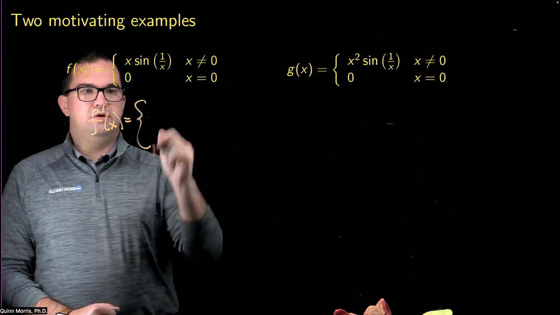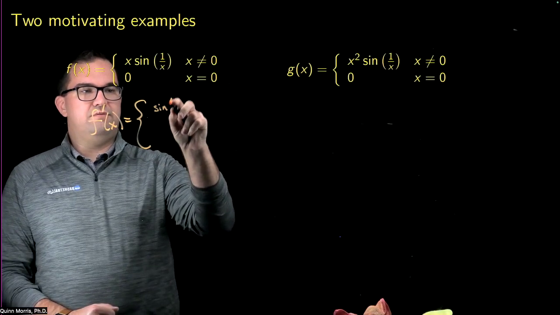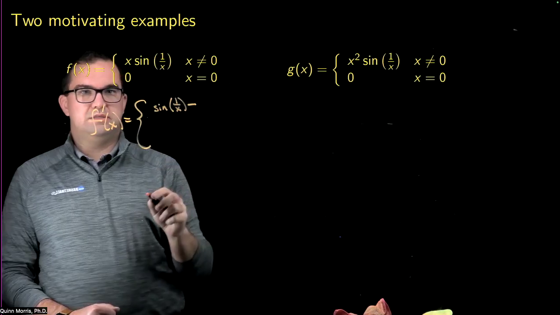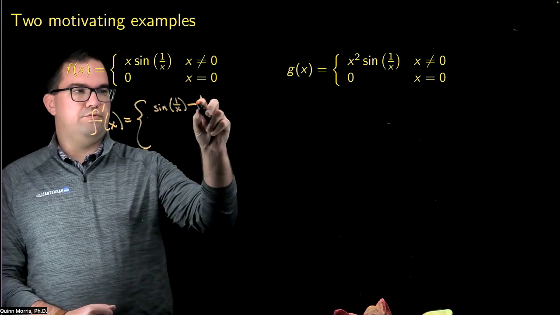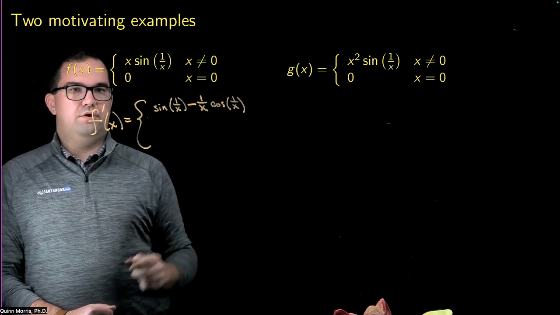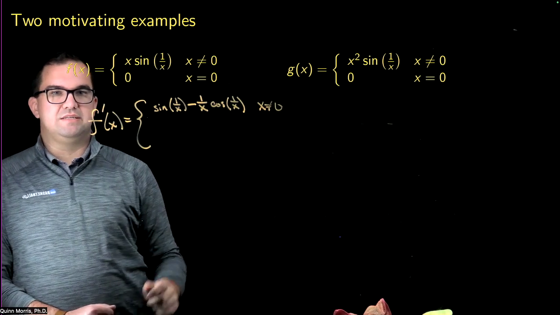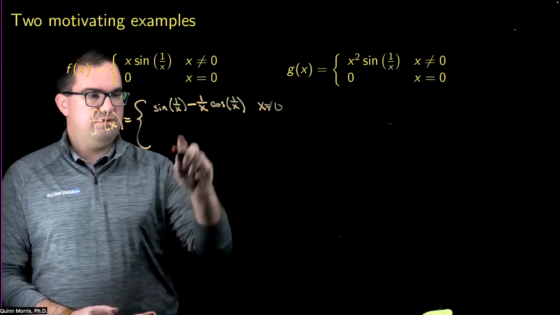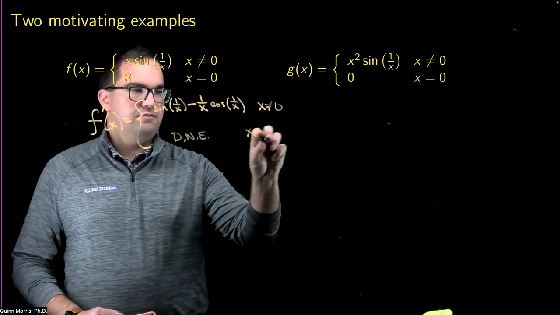For any x that's not 0, the derivative is sine of 1 over x minus, I get a minus because that derivative is going to be cosine, and x squared, so 1 over x cosine of 1 over x, when x is not equal to 0. When x is equal to 0, we calculated that f is not differentiable at that point. So we'll just say does not exist if x is equal to 0.